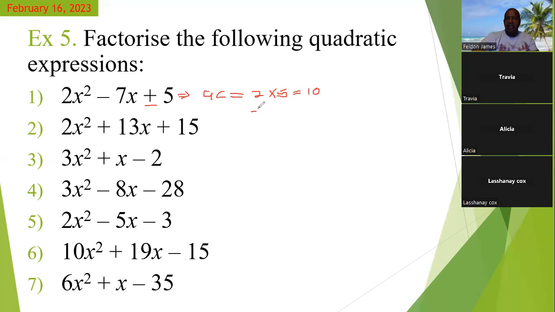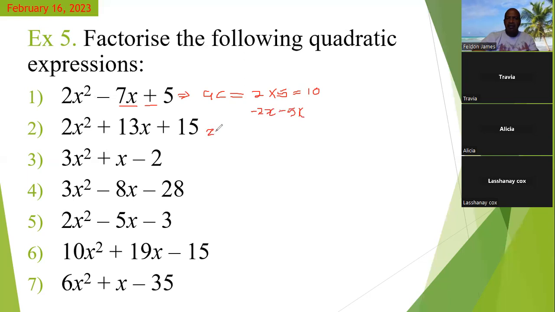because we notice that -2 can multiply by -5 to give you a +10. So we would choose -2x and -5x. We use these to replace the -7x in the expression.